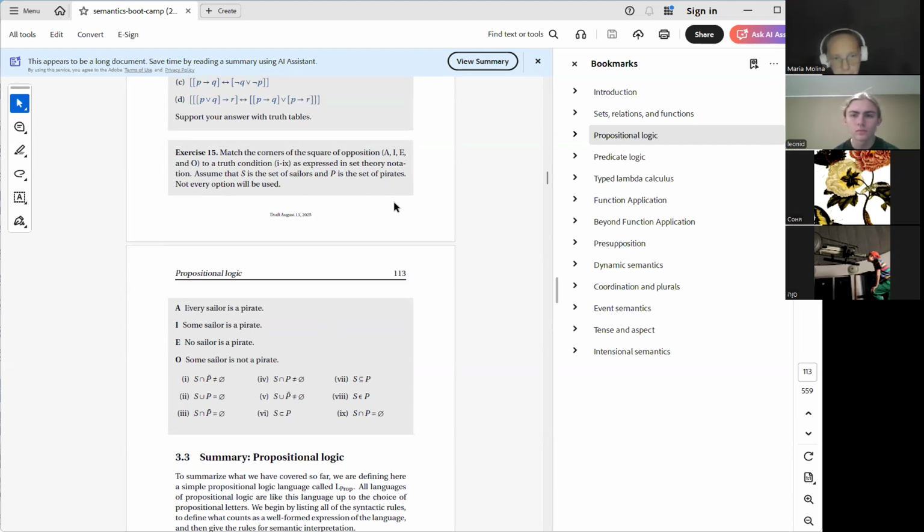Every sailor is a pirate. Some sailor is a pirate. No sailor is a pirate. Some sailor is not a pirate. This is the square of opposition. And we have to match those sentences to a truth condition given below.